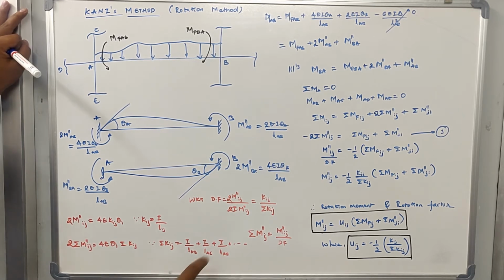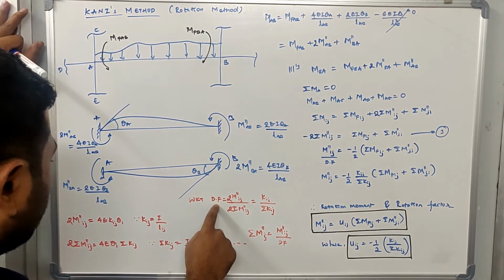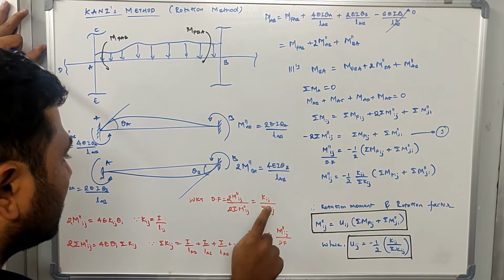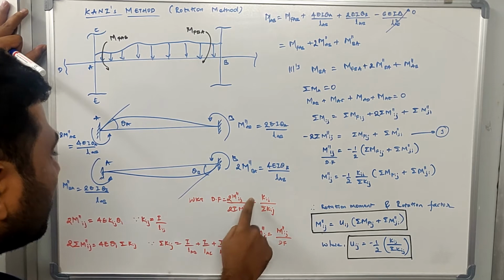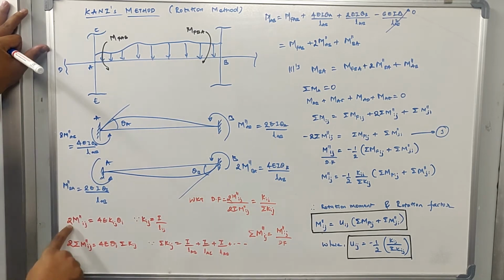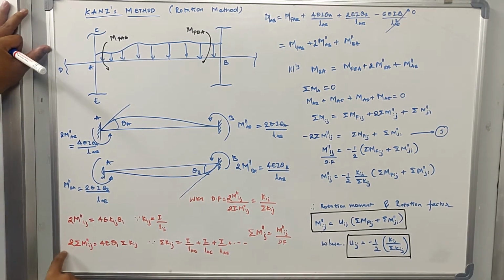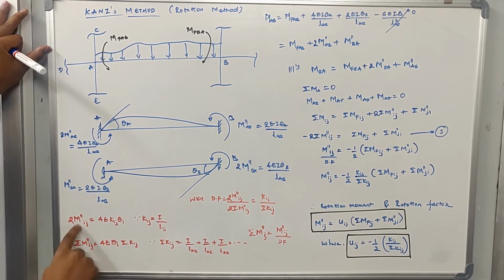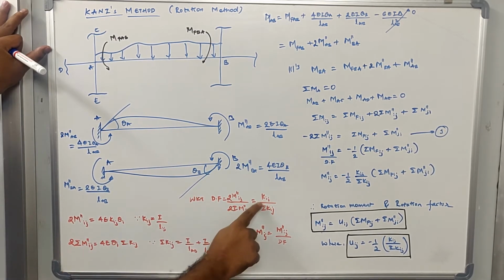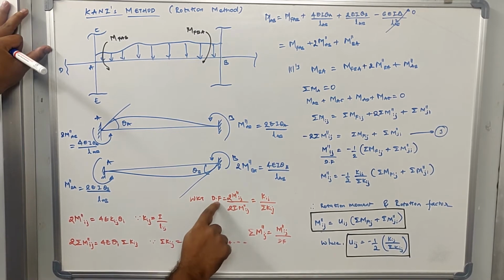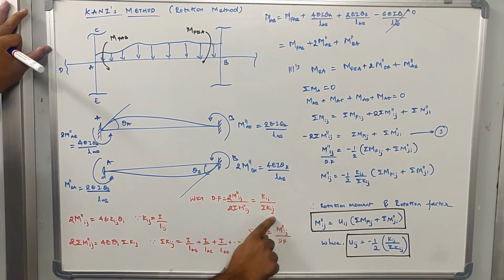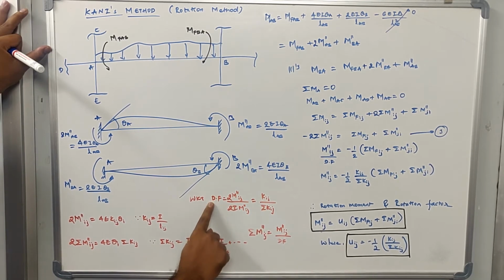So to calculate distribution factor, we know that Kij divided by summation of Kij is equal to distribution factor, and it is also equal to taking the ratio of 2m double dash ij divided by 2 summation of m double dash ij. You take the ratio of these two and you will arrive at the same conclusion, which is the distribution factor. Taking the ratio of these two is equal to Kij divided by summation of Kij, which is nothing but your distribution factor.